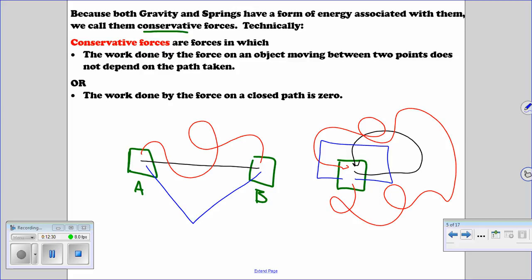So that little green object that I drew in all 3 of those cases both started and ended at the same spot. So if the force is conservative, that means the work done on any of these 3 paths over here has to be 0. Okay, so that's a little abstract. So let's talk about some very specific examples.